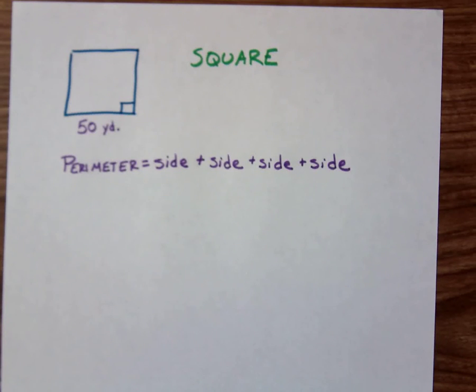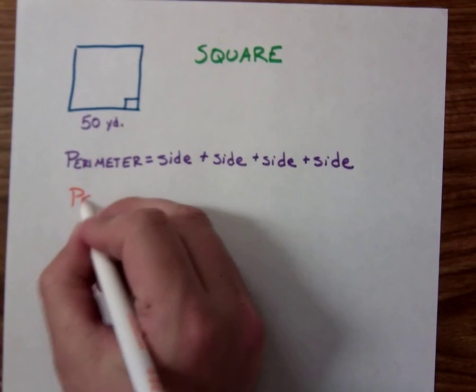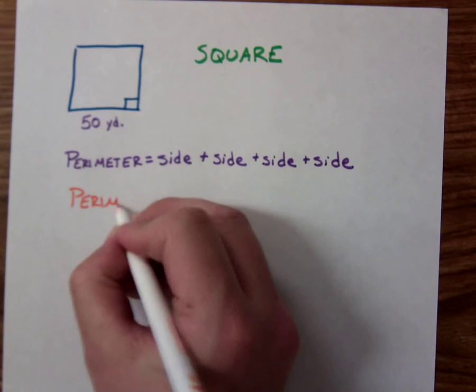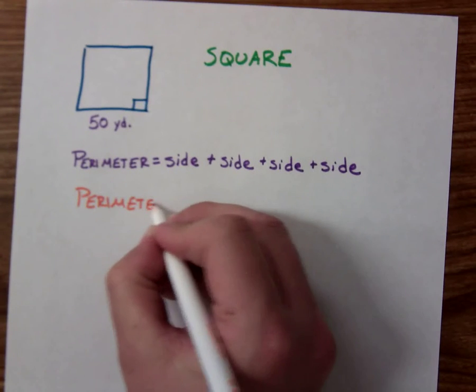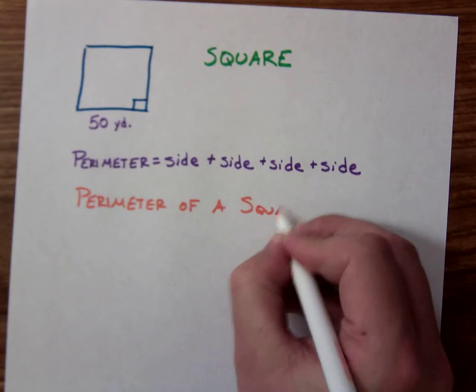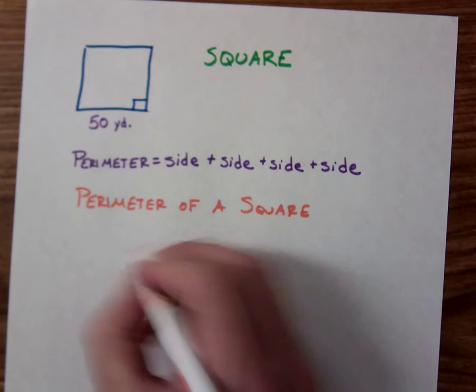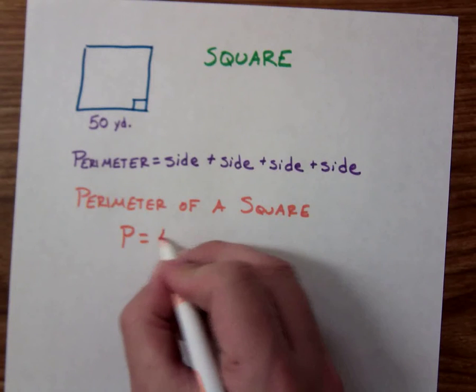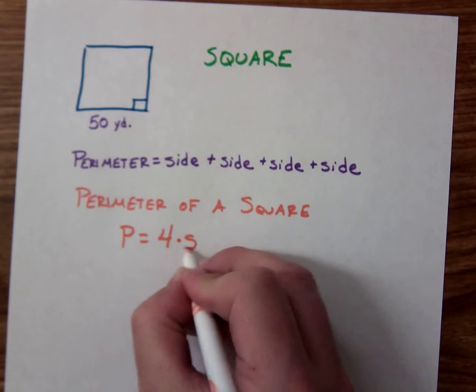Can anyone think of an easier way to find the perimeter of a square besides doing 50 plus 50 plus 50 plus 50? Yeah, since they're all the same and I'm adding it 4 times, couldn't I just say that the perimeter of a square is 4 multiplied by the side?